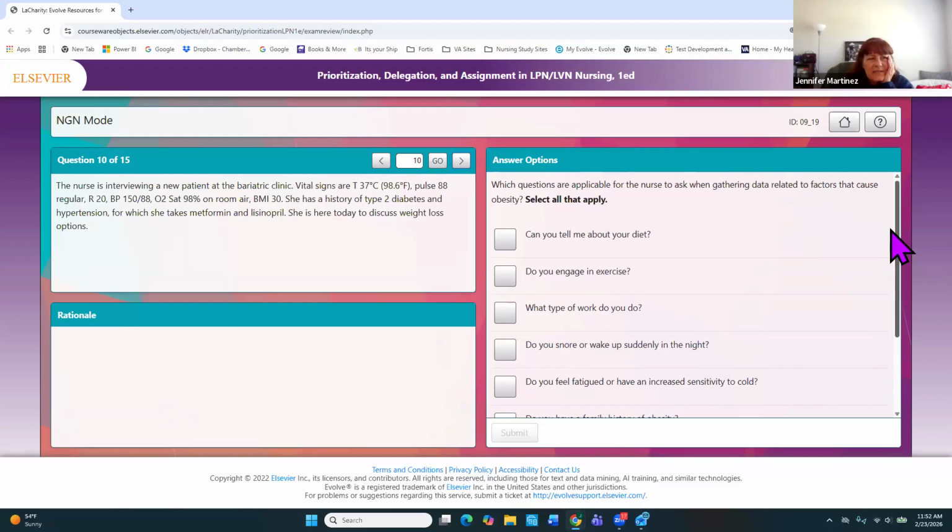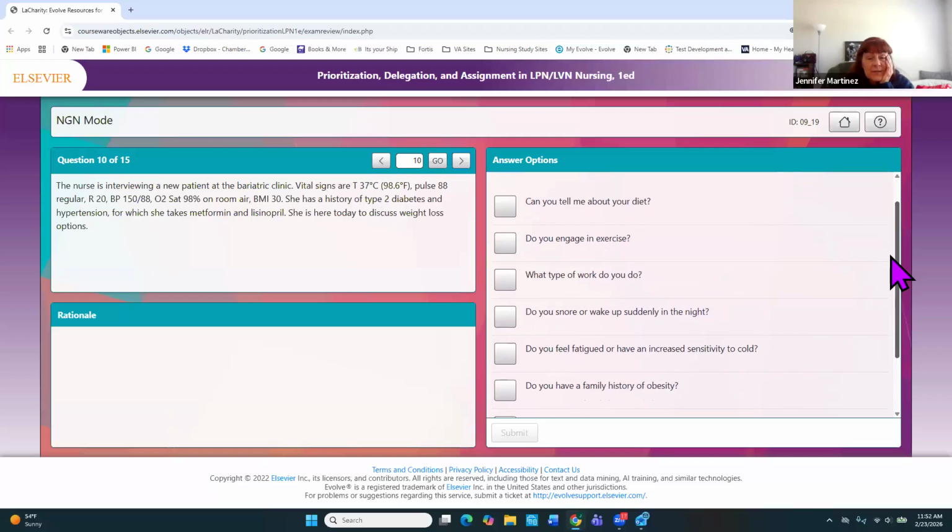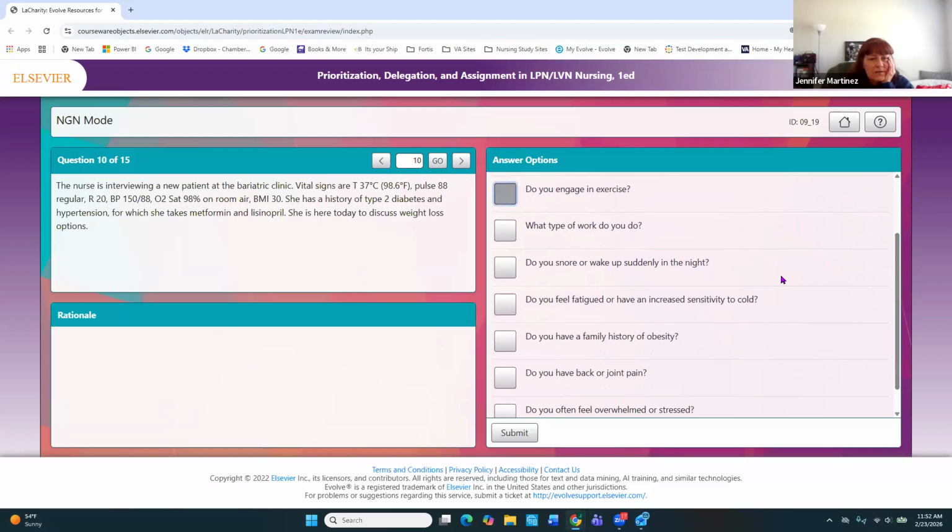So, what are we going to ask about factors that cause obesity? Would we ask about her diet? Yeah. Would we ask about exercise? Would we ask about work? No. Do we snore or wake up suddenly in the night?